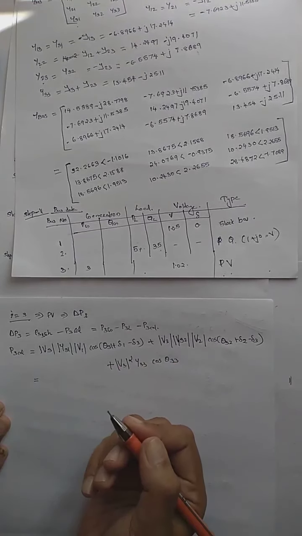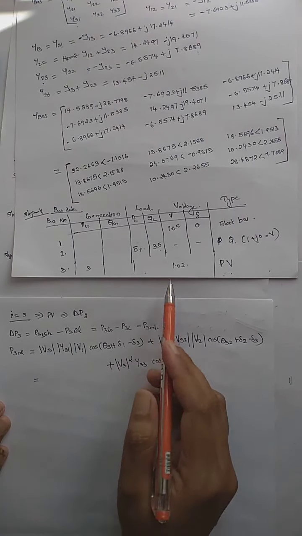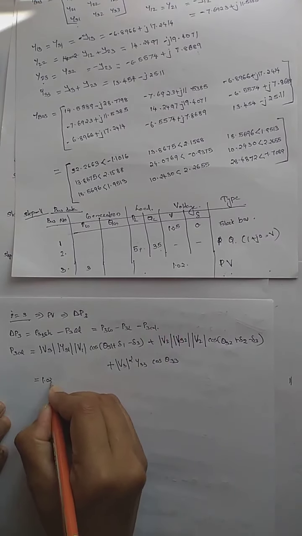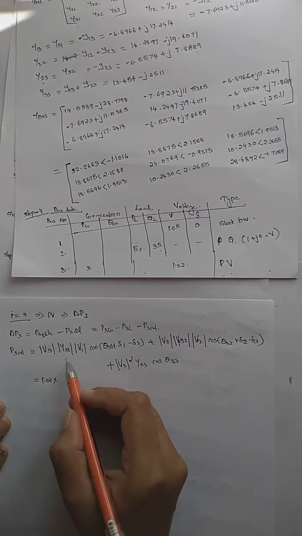So this we have to substitute our values. What is V3? That is 1.02 into, what is Y31?